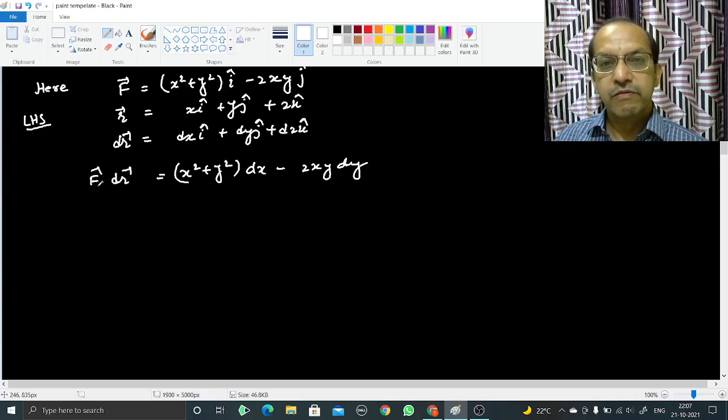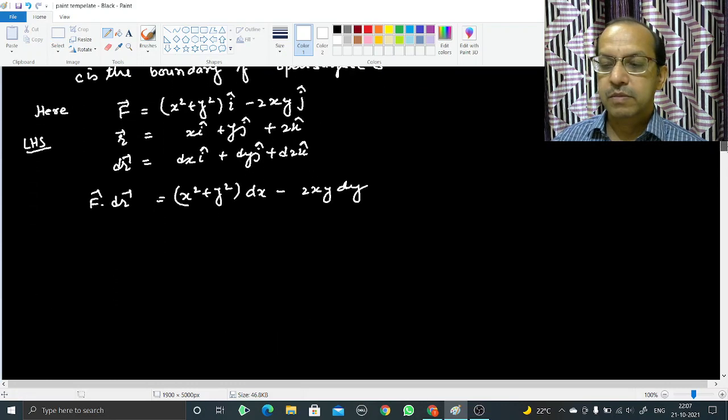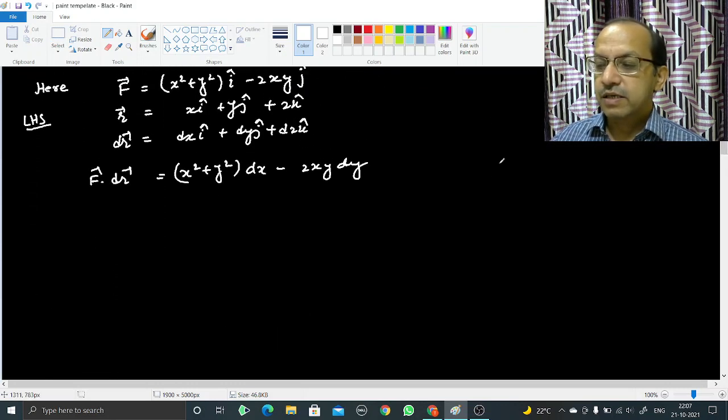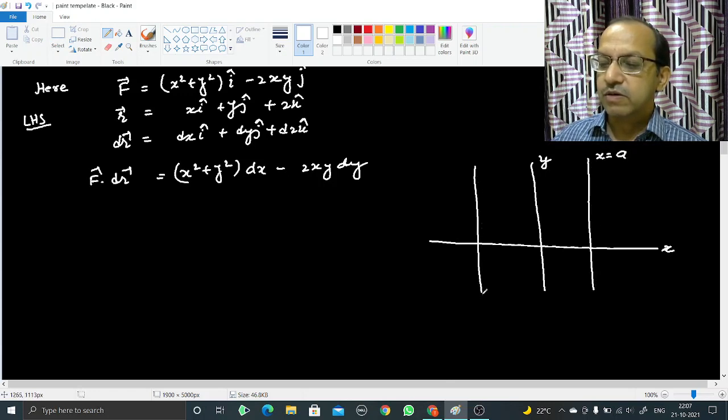Now we will find the path. The path is given by the rectangle bounded by x equal to plus or minus a, y equal to 0, y equal to b. If this is the x-axis and this is the y-axis, this line is x equal to a and this line is x equal to minus a.